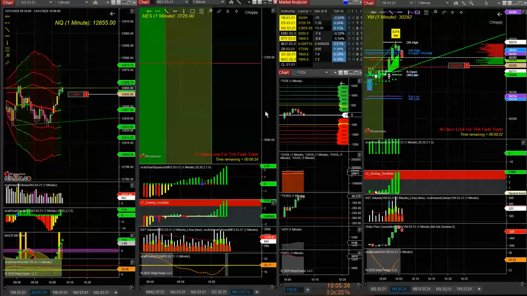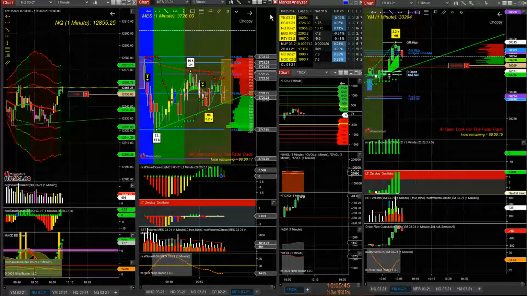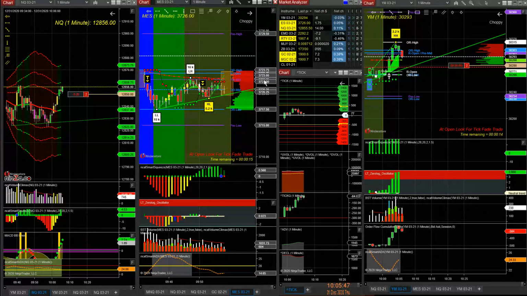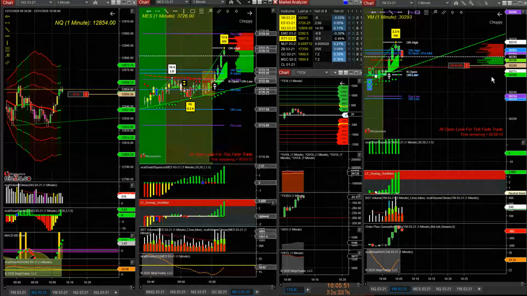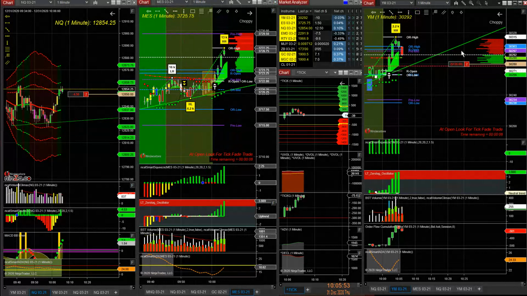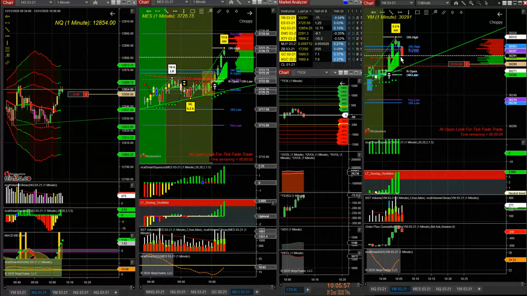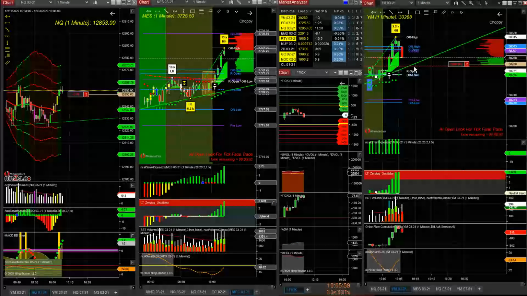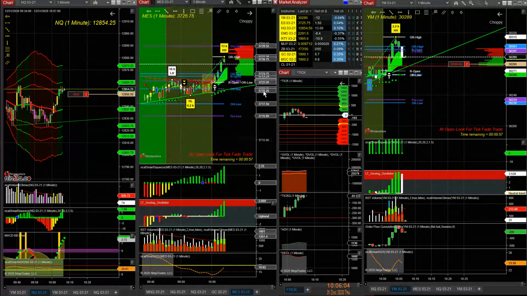See what ES are doing. If YM break this VWAP here, he's coming back to the swing and then here, right? Okay, that's the trade there.